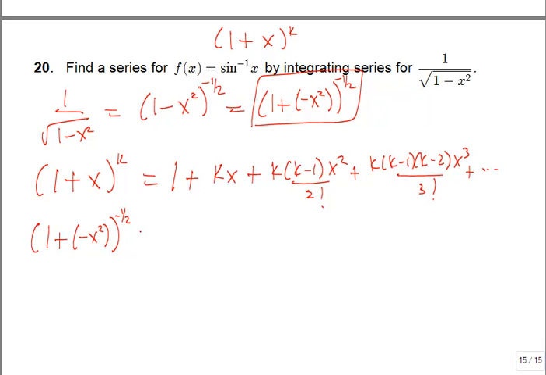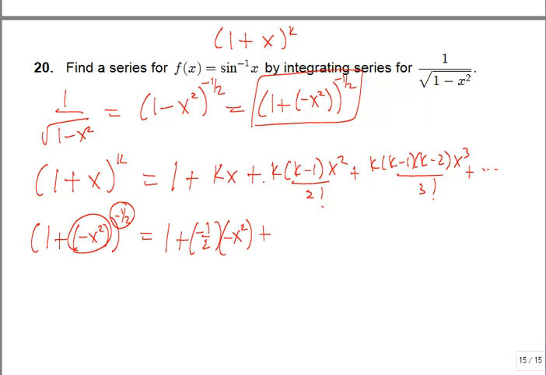That would become this formula using negative 1/2 for the k's and using negative x squareds for the x's. So this 1 would stay 1. This k becomes a negative 1/2 since that's this power up here. And this x becomes whatever we have right here, which is our negative x squared.